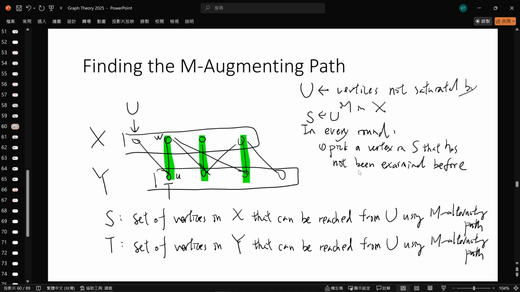In that case, we can just output the augmenting path. The other case is when we go down and the vertex is saturated. In this case, we can then go up using the edges in the matching. Whenever we reach a vertex, we put it into S or T, depending on whether it is in X or in Y.